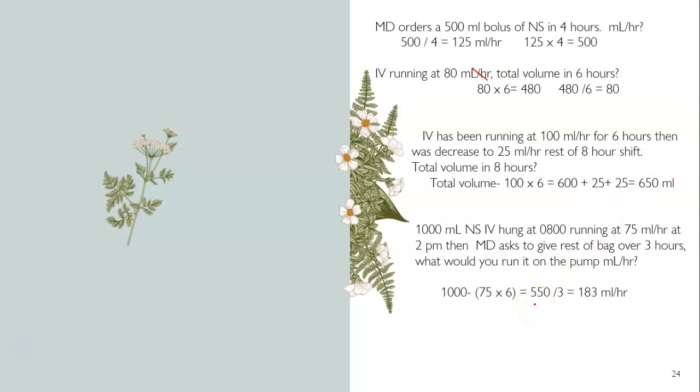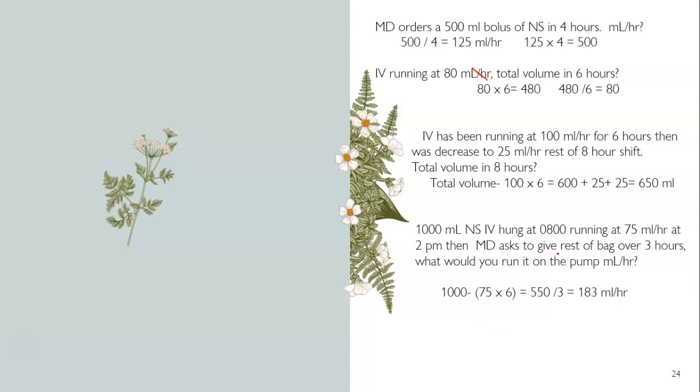This one's a multi-step. I just have to think about it. I hung 1,000 at 8 a.m. It's running away at 75 an hour, and I'm writing in my chart 75, 75, 75, 75, 75, 75. And then the doctor asked me, hey, you know, he don't look so good.